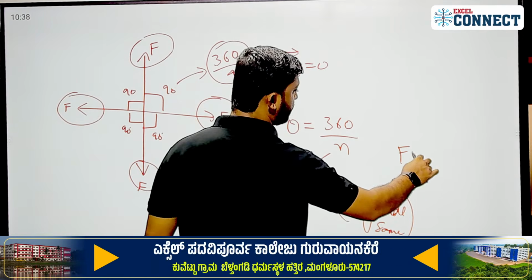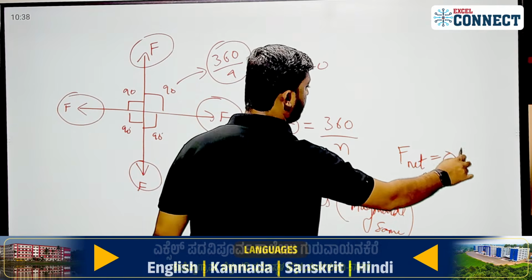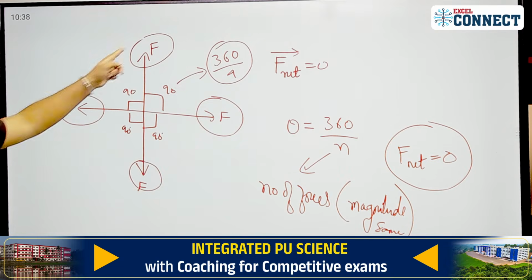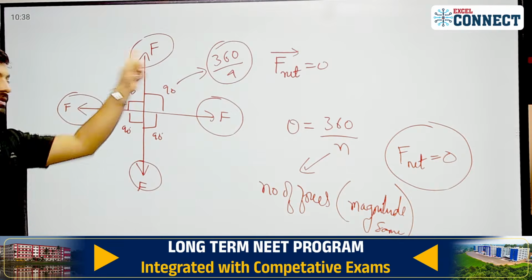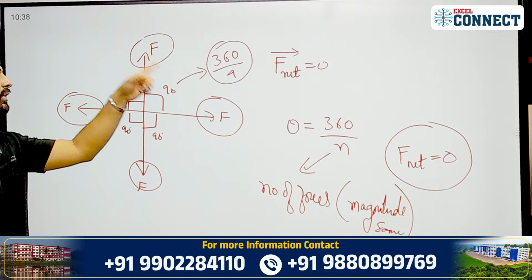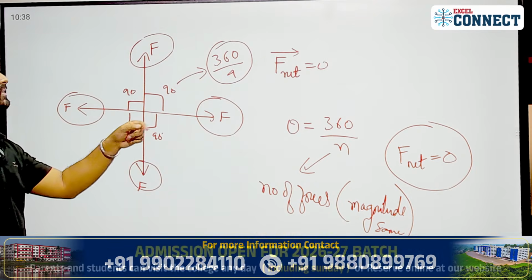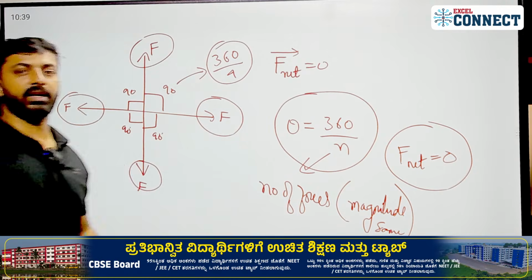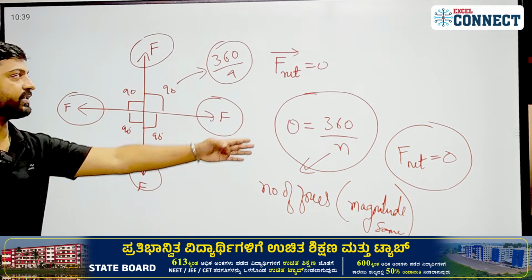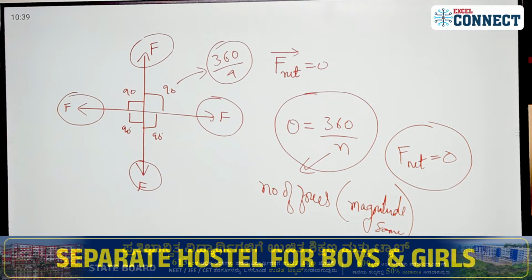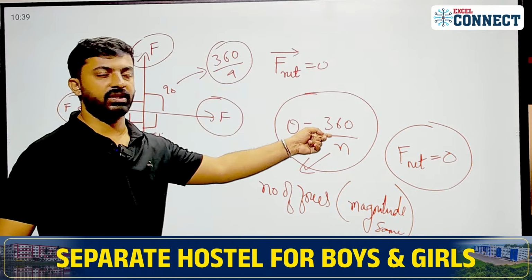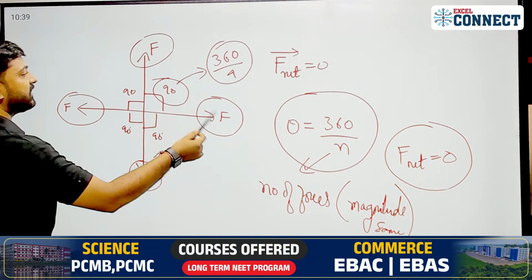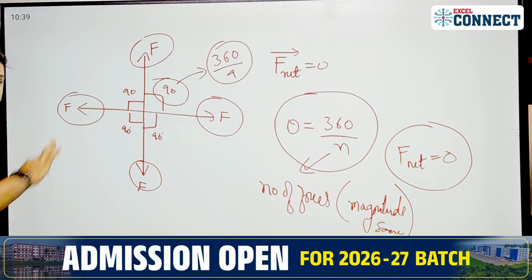Then F net is 0. Okay. Here there are 4 forces, all the forces are same, and if the angle between two forces obeys the condition 360 by n, where n is the number of forces, what is 360 by 4? 360 by 4 is 90. So this angle satisfies this condition. Therefore, net force will be 0.